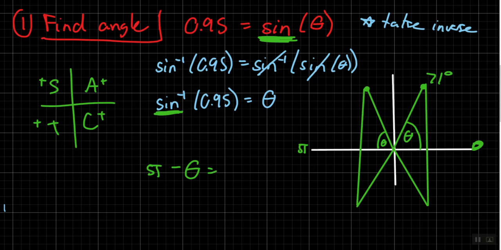Wait, let me draw it better. This angle that goes from our initial to our terminal side is pi minus theta. That's how we get it. So just do pi minus theta for sine.